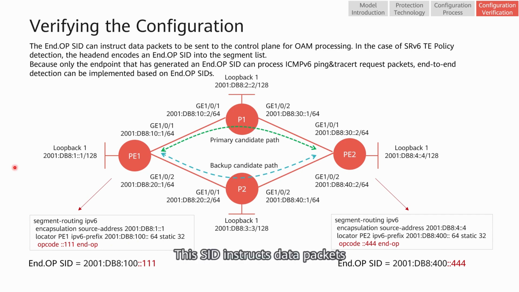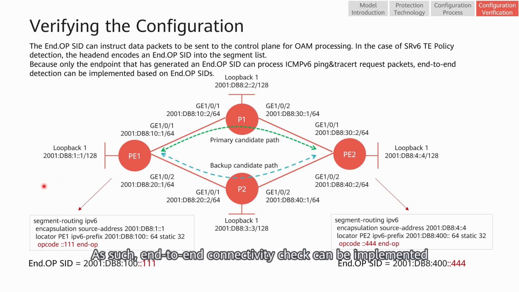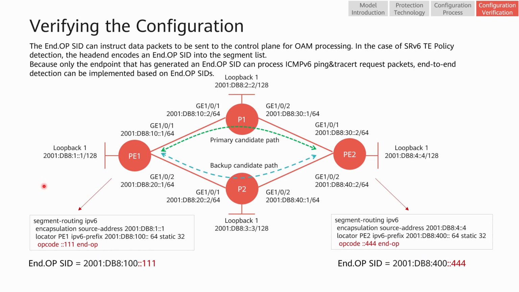This seed instructs data packets to be sent to the control plane for OAM processing. During the policy connectivity check, the head end adds the end.op seed to the segment list. Only the endpoint that generates the end.op seed can process ICMP ping and traceroute packets. As such, end-to-end connectivity check can be implemented based on this seed.